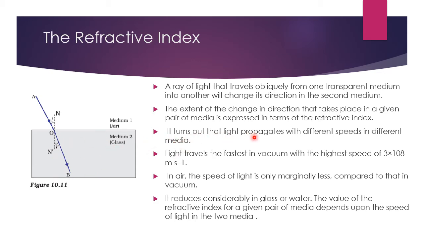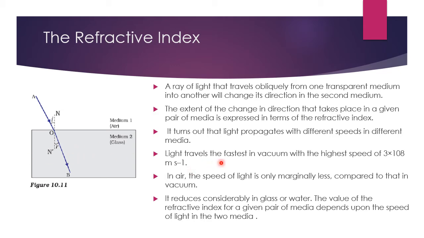It turns out that light propagates with different speeds in different mediums. So from air to any liquid, or say water, or any other medium, it will have a different refractive index because light travels with a different speed in different mediums.